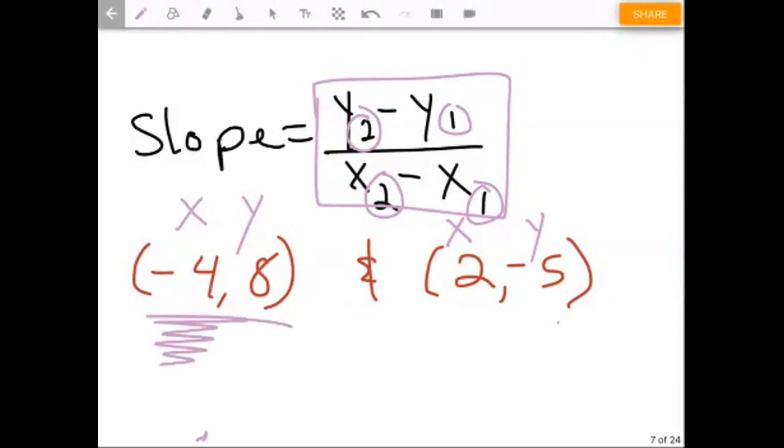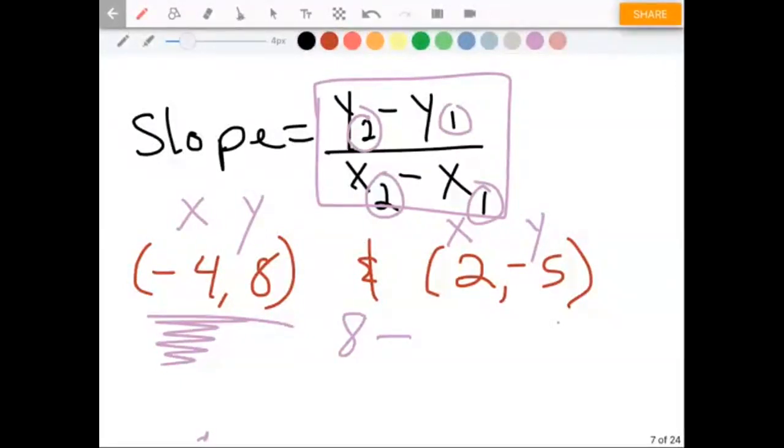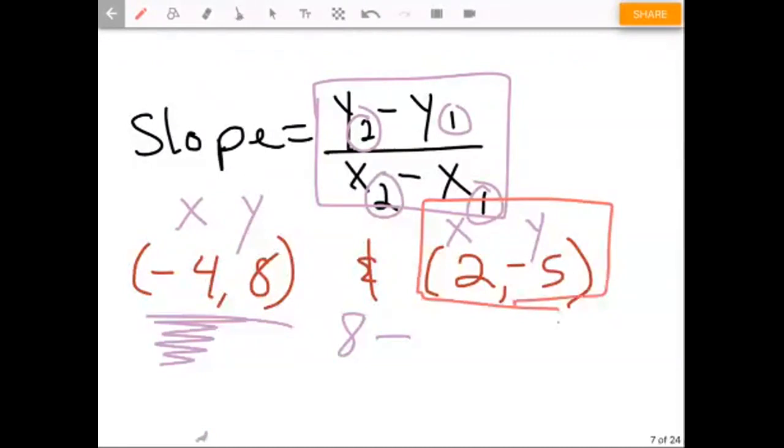Using our formula, it says y2. Basically, that means pick the y value out of that point. So out of (-4, 8), which one's the y value? 8 is the y value, minus, and then we go into the other point and pick the y value out of there.